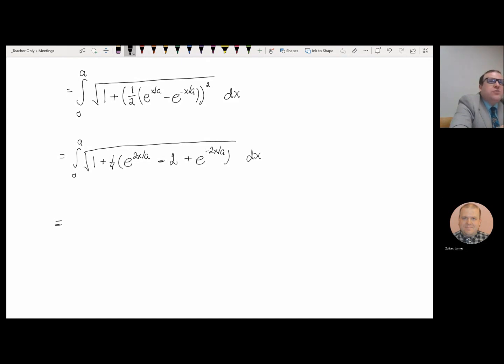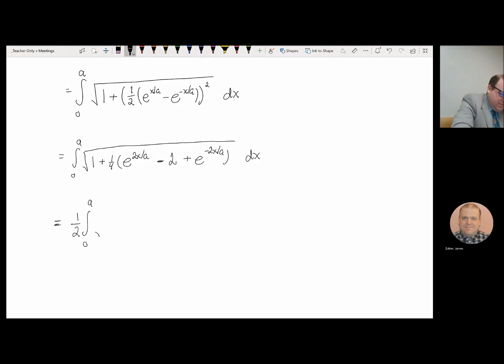I'm going to factor out a 1/4 from what's under the radical. Square root of a quarter is a half. That's just to get rid of fractions. Now you factor a quarter out from 1, you're left with 4.